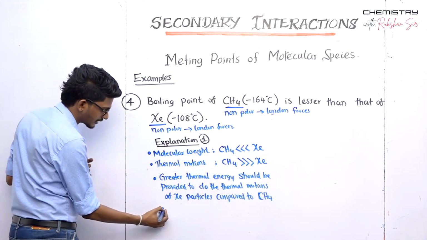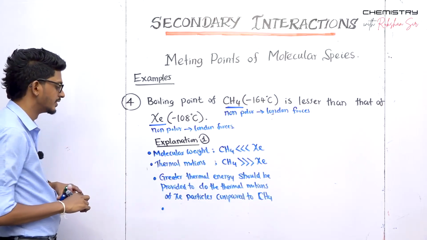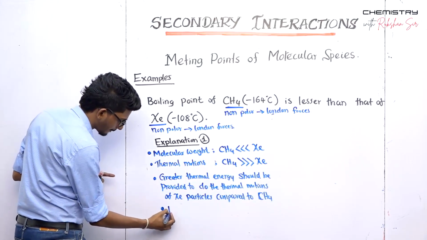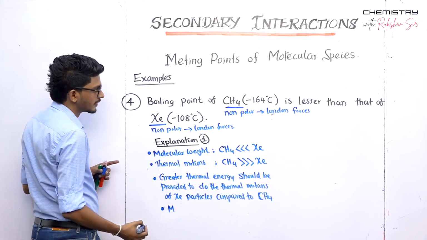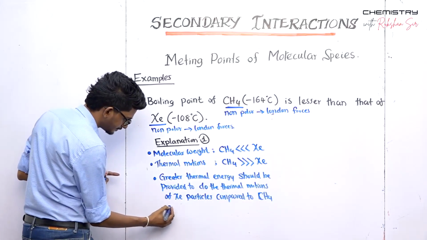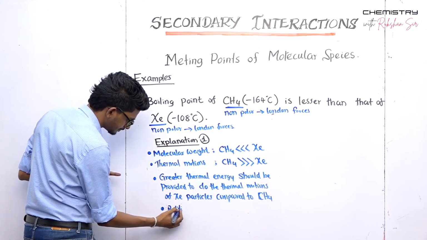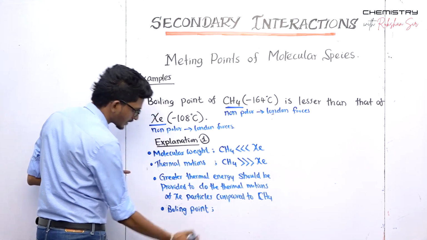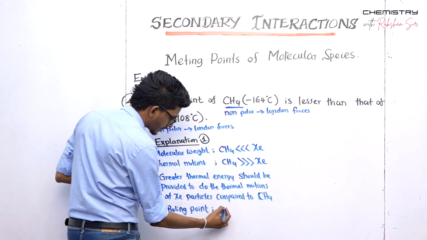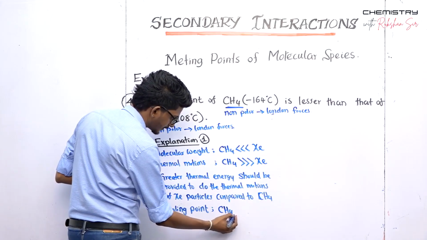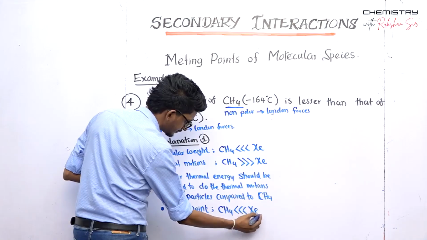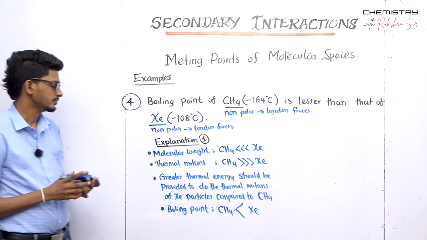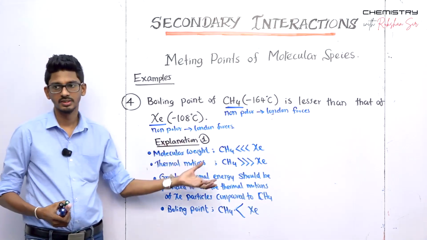To provide such a greater thermal energy, you need to supply greater heat, greater temperature. So the boiling point of xenon will be high. That is explanation 1, the use of just the molecular weight.